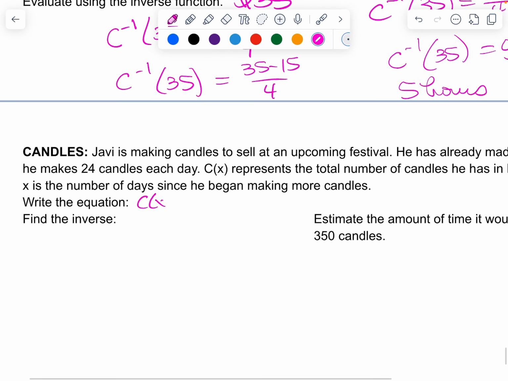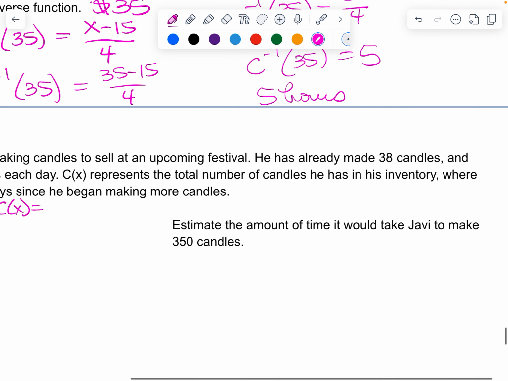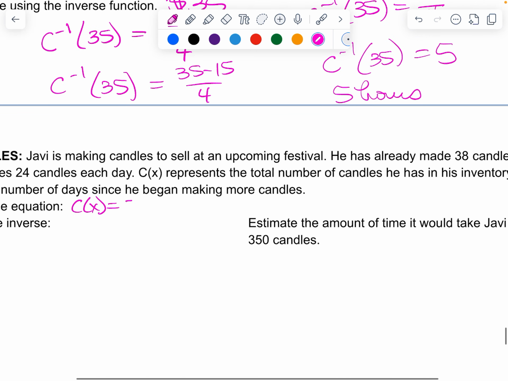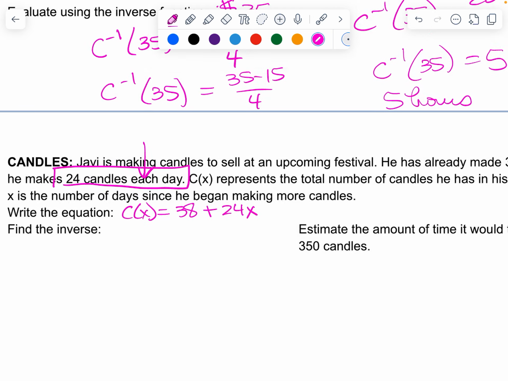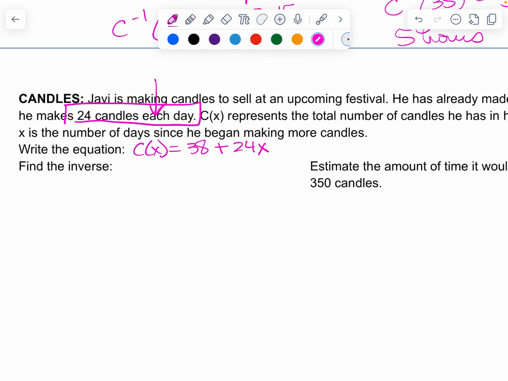So C of X equals 38 plus 24x. Remember, 'each' is one of those cue words that tells us that's the part that's going to be changing. So that's my equation. Now I need to find the inverse.